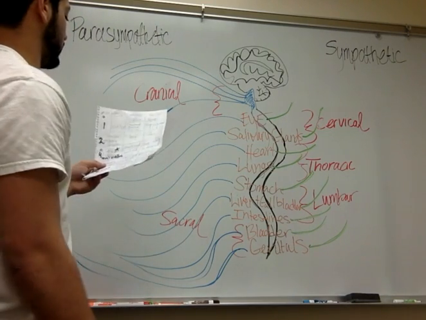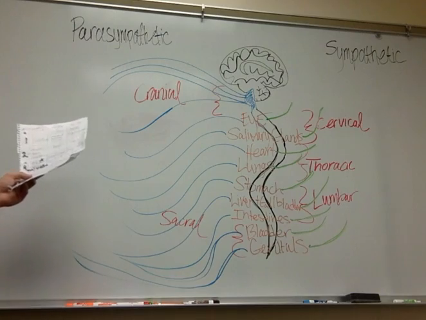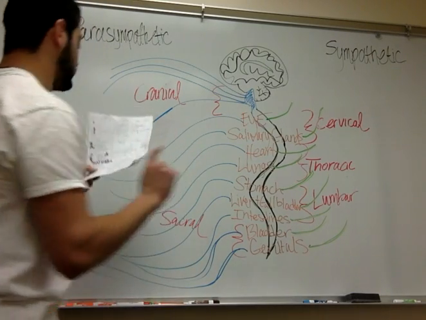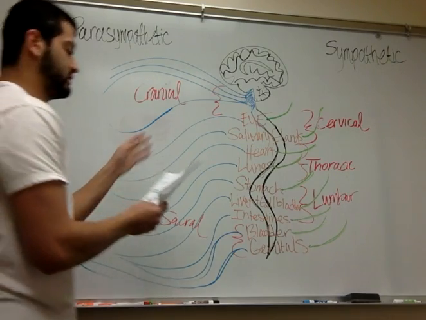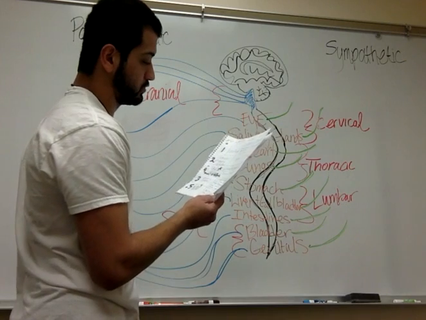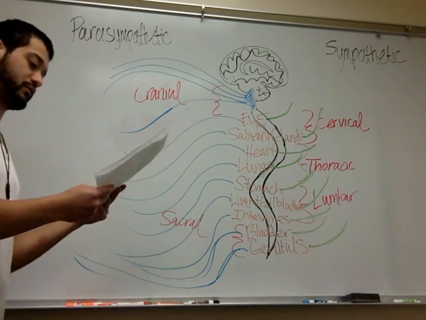For the preganglionic fibers, the fiber synapses with few ganglionic neurons to pass to one single effector, whereas these fibers synapse with many postganglionic neurons that pass to many effectors.